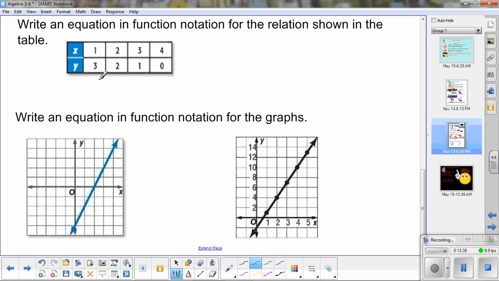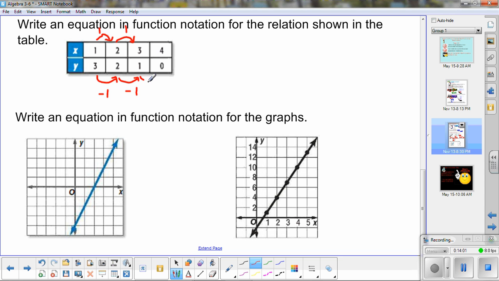Well, if I want to write an equation, I need to figure out the rate of change. From here to here, it goes down 1, as this goes up 1. From here to here, it goes down 1, as this goes up 1.